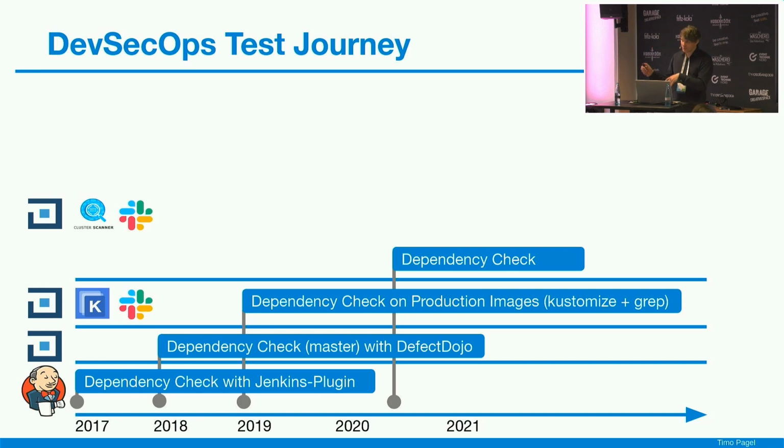In addition, we had the problem, which I have shown, that what should be in production is often not in production. So then I came to the conclusion I need to have something which is scanning what is in the cluster, and then the cluster image scanner was born. So I'm detecting with this collector, which I have shown at the start, what is in production now, and that is what I'm scanning.